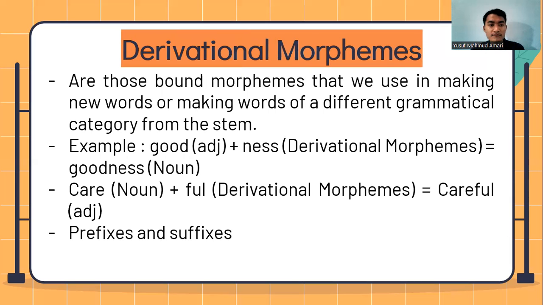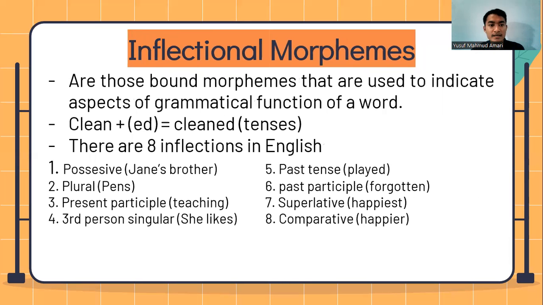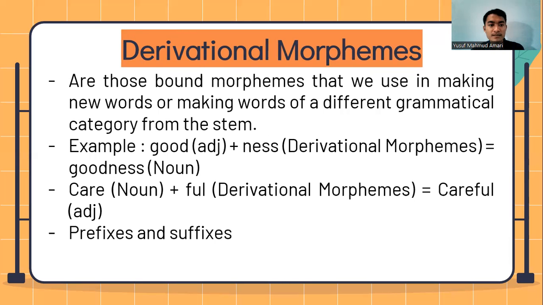Bound morphemes are also defined in two categories. The first one, derivational and inflectional. Derivational morphemes are those bound morphemes that we use in making new words or making words of a different grammatical category. So if we add a derivational morpheme to an adjective, it becomes a noun, and to a noun, it becomes an adjective.